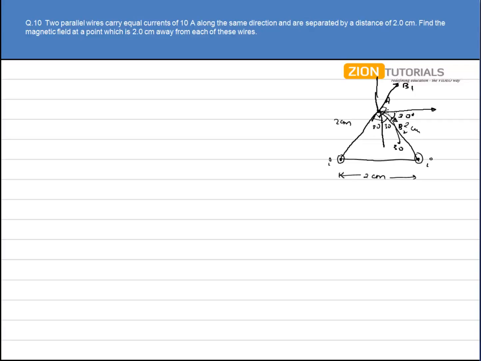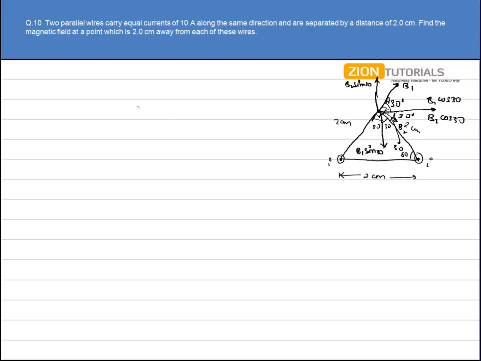Similarly, this angle is 90, so this very angle can be calculated by vertically opposite angles, that is 60 degree. So this angle will be 60 and so this will be 30 degree. So taking the components, we have here B1 cos 30, B2 cos 30. Similarly I can write here B1 sin 30 and B2 sin 30.